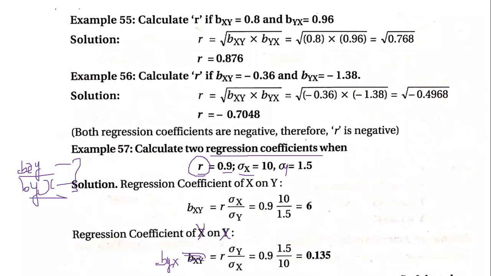So what is the formula? R into standard deviation of y by standard deviation of x, which is nothing but 0.9 into 1.5 by 10. So you get 0.135. So these are the two regression coefficients they asked us to find, and we have found the regression coefficients.